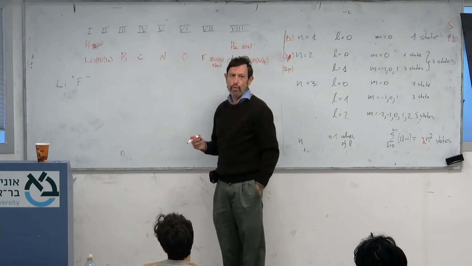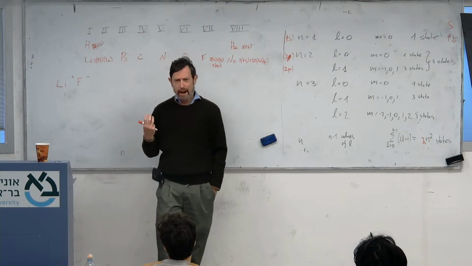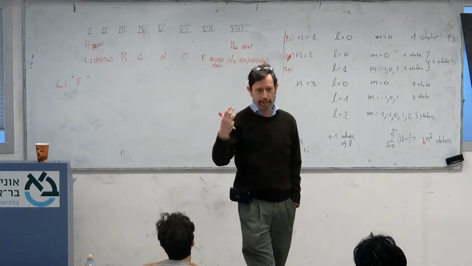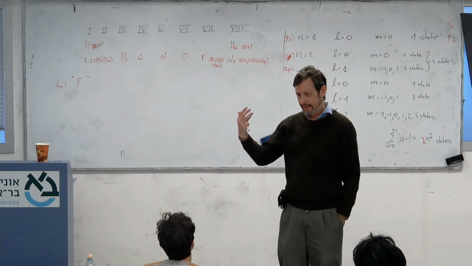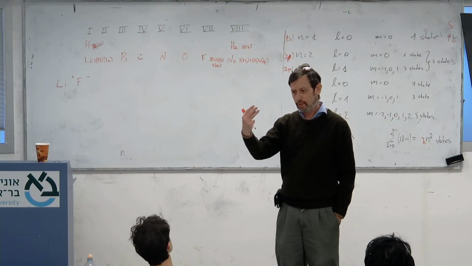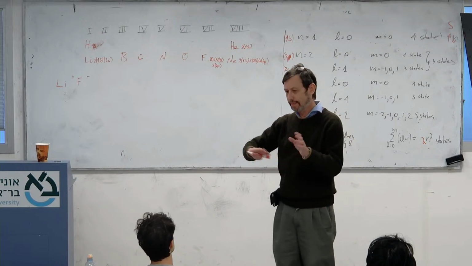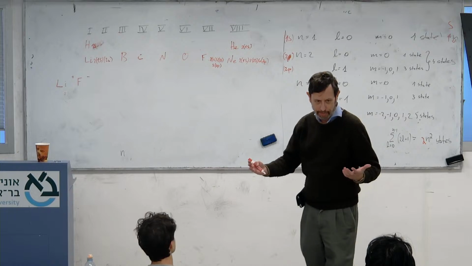And having 2 electrons makes it hard to have both electrons on the oxygen because it's too much Coulomb potential. So they start sharing it. They move it around. That's a covalent bond.